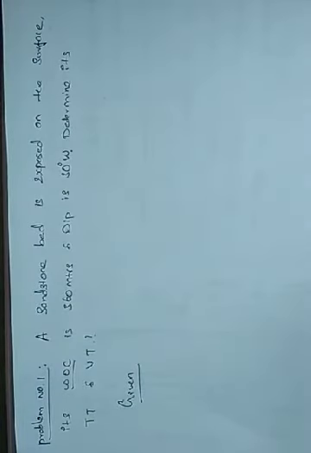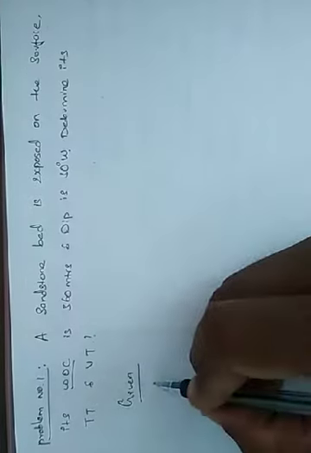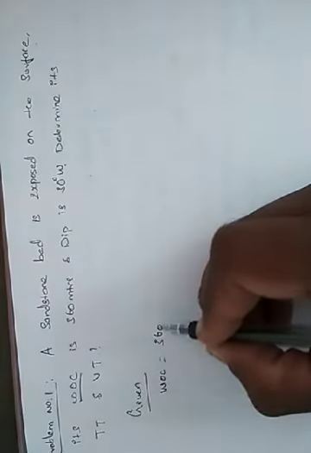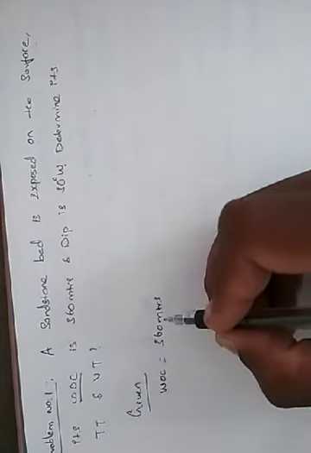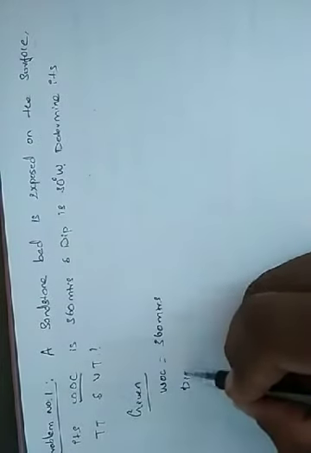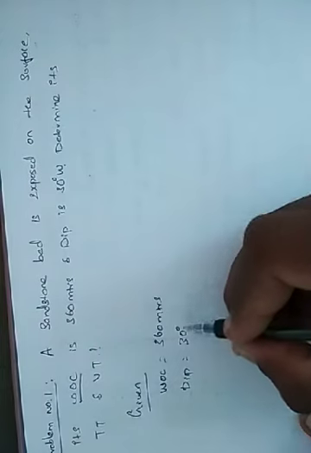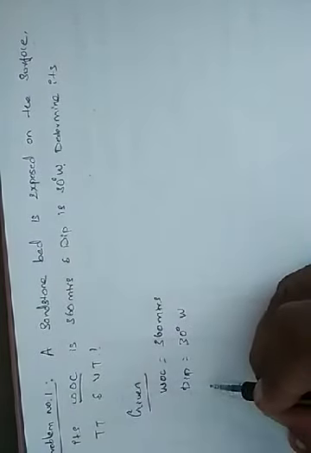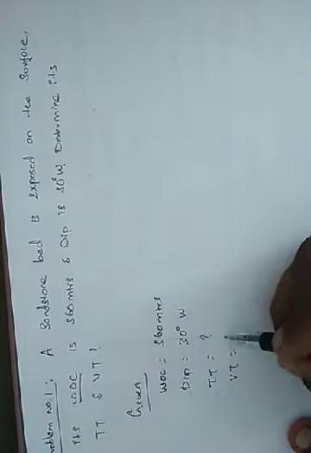What is given here is WOC, that is width of outcrop, 360 meters. Dip is given, it's 30 degrees west. And what we need to determine is true thickness and vertical thickness.